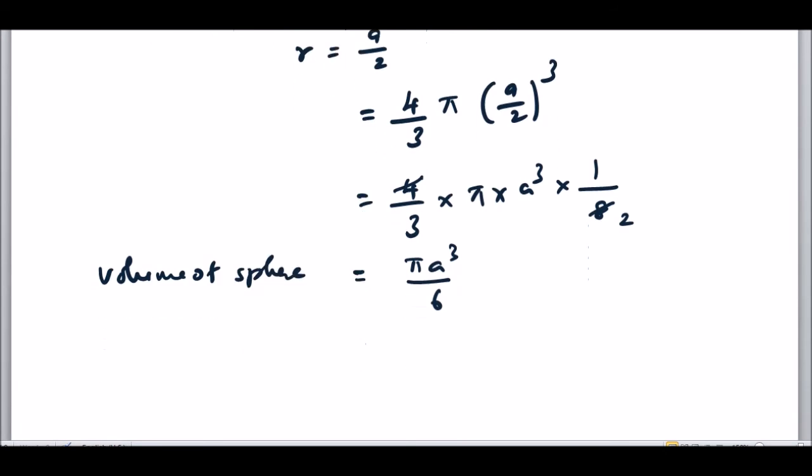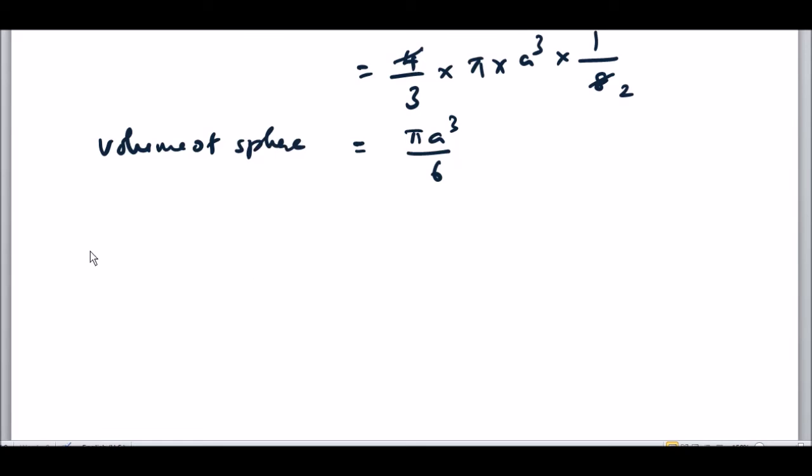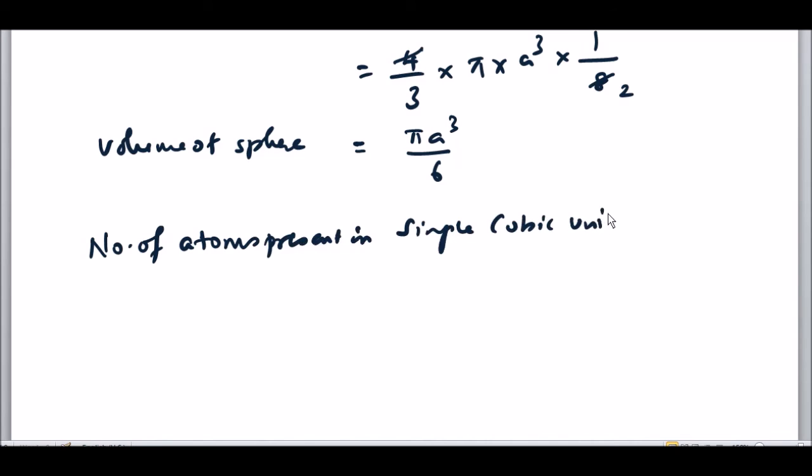And after this, we know very well the number of atoms present in the simple cubic unit cell. We know only one atom is there.